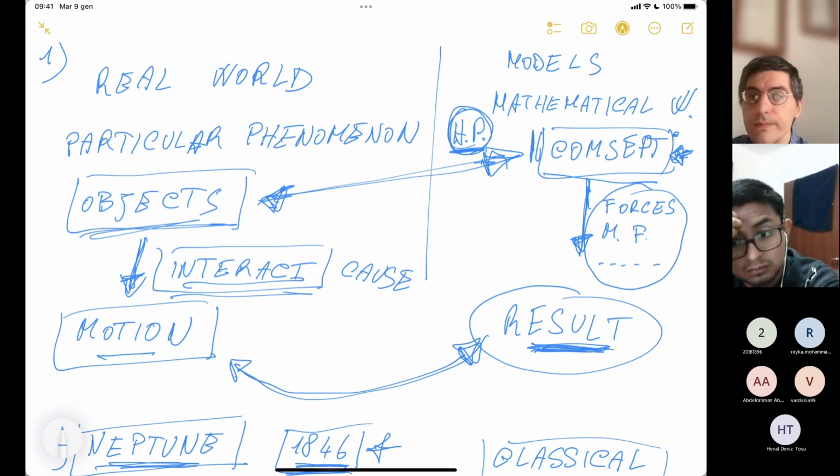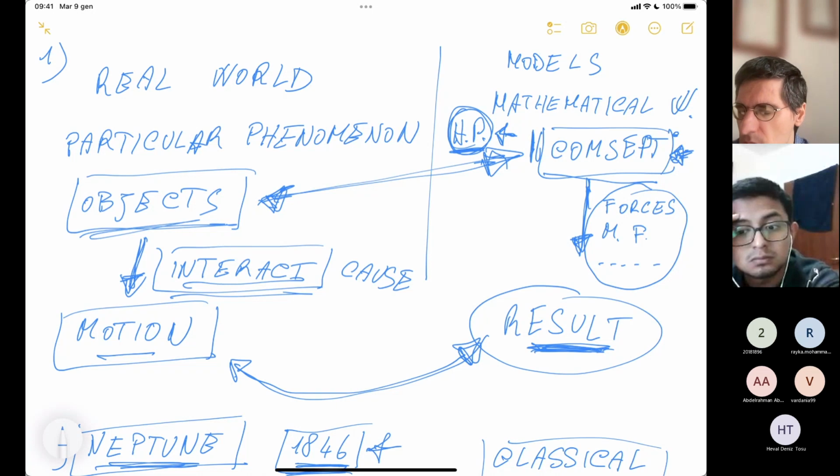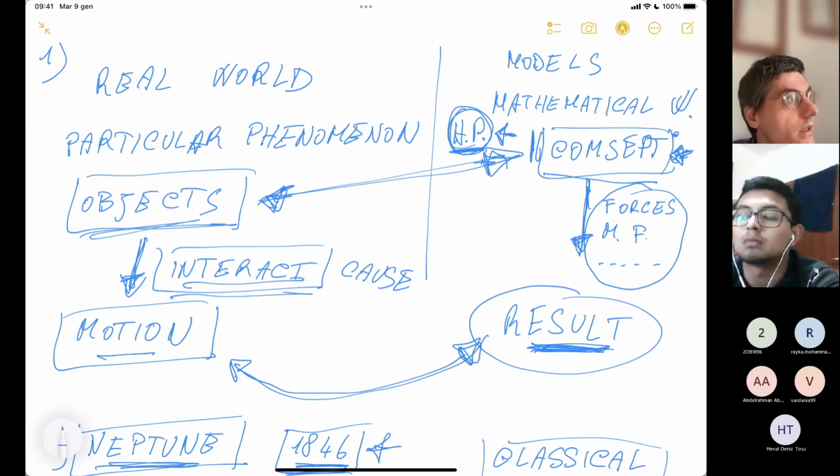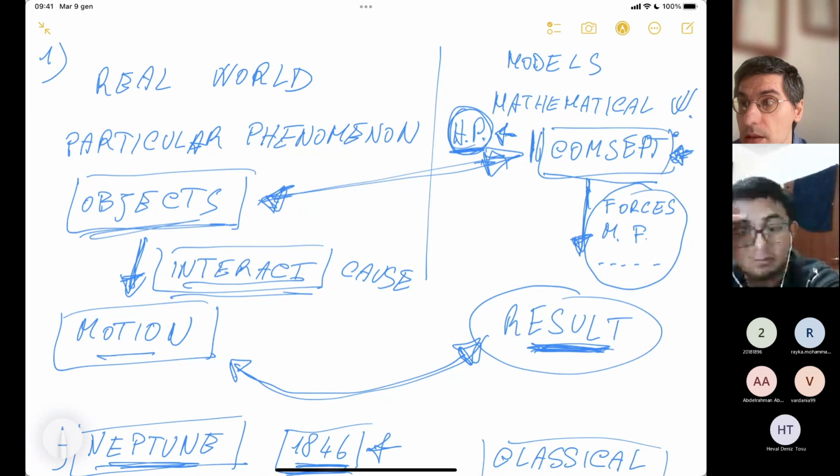Because at the end of the story, you start from some conjecture, some hypothesis, and then everything is rigorously obtained by mathematical calculations.